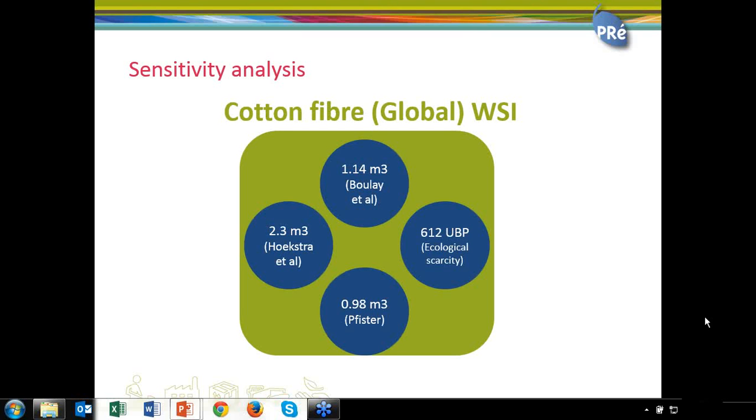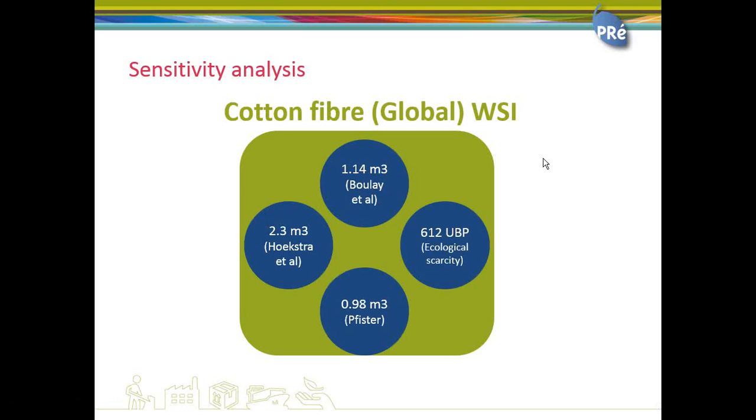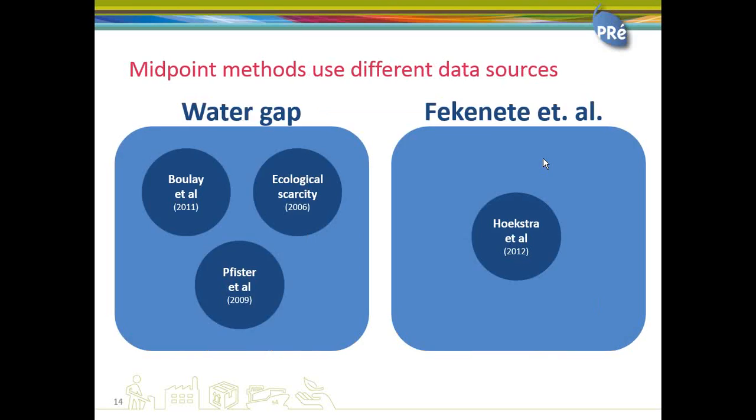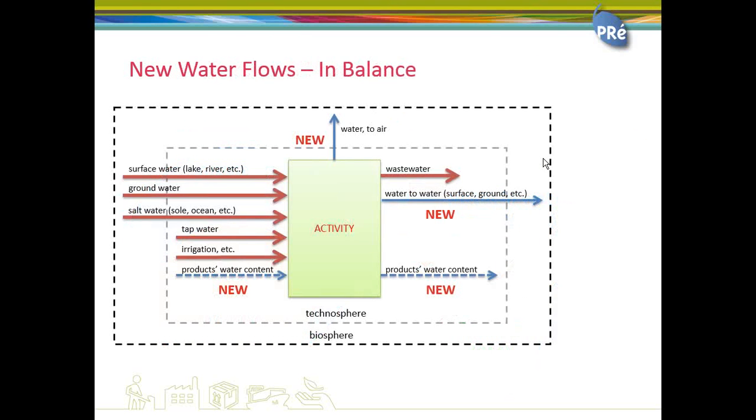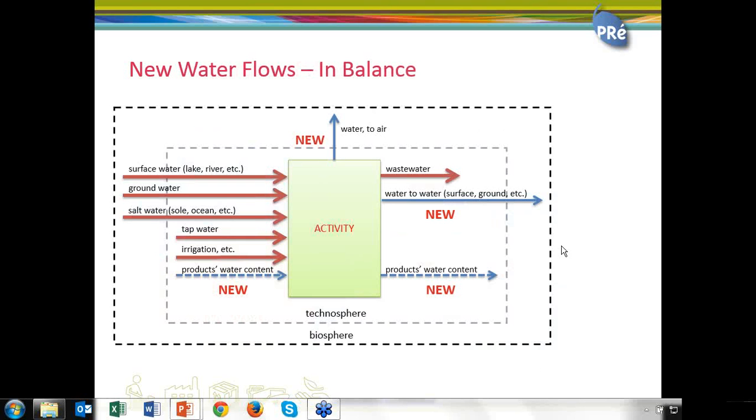I'll take a quick shot at this one, and then Ramuski, you can fill in any of the blanks. I believe that on the data side of things, ecoinvent has done a lot of work in making sure that there is a full balance of water flows being taken into consideration. So the loss of water, the discharge of water back into other water sources, loss to air, as well as embodied water within the product.